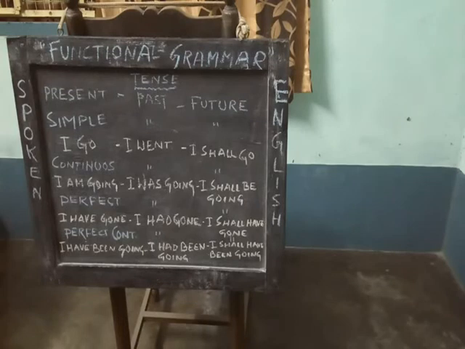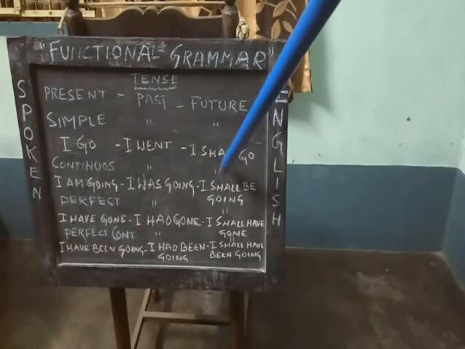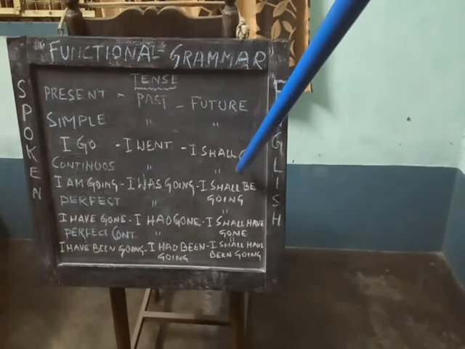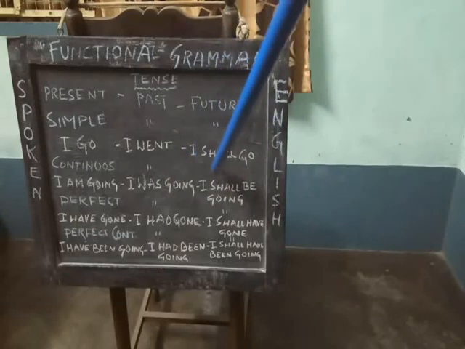So if we want to describe it as far as theory is concerned, any action which is yet to happen in the future, it has not happened, it is yet to happen, the same we can express with future simple. Okay. What will we have to remember? Shall, will, we need to add. So I shall go.